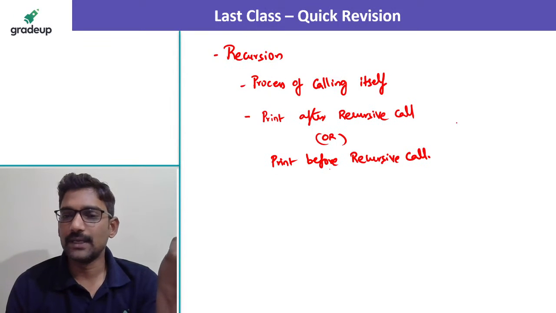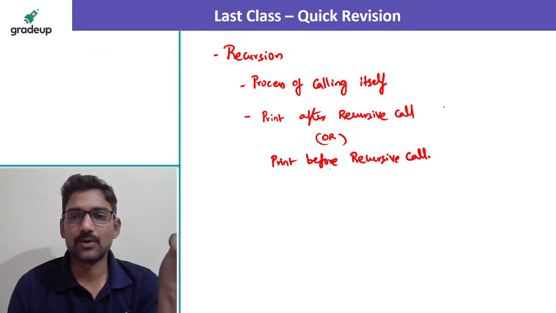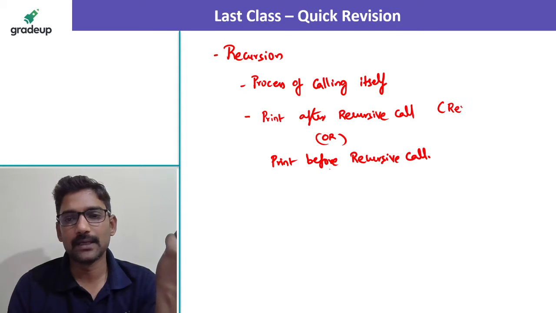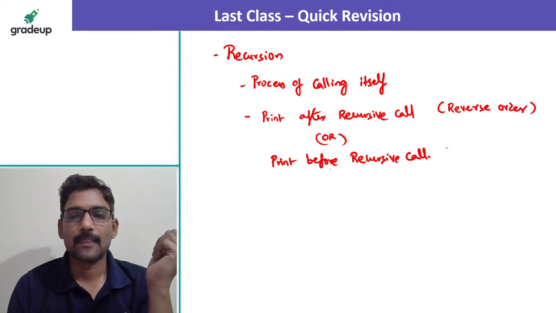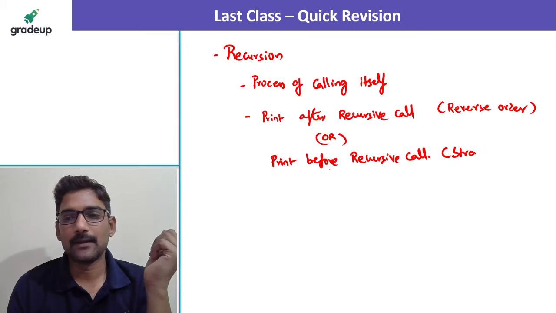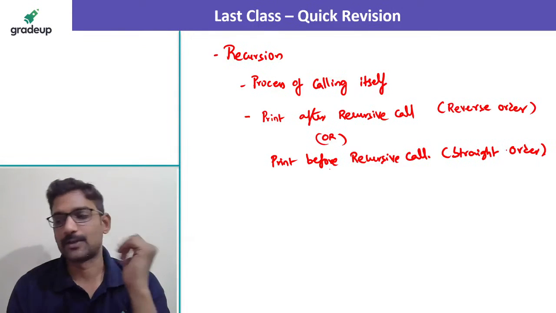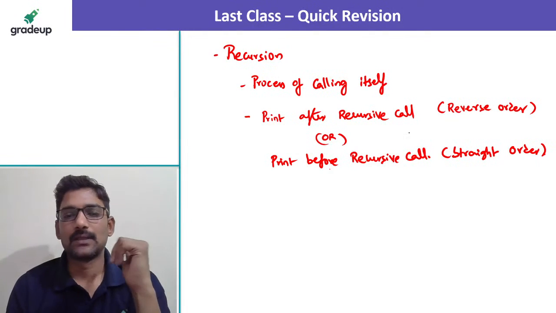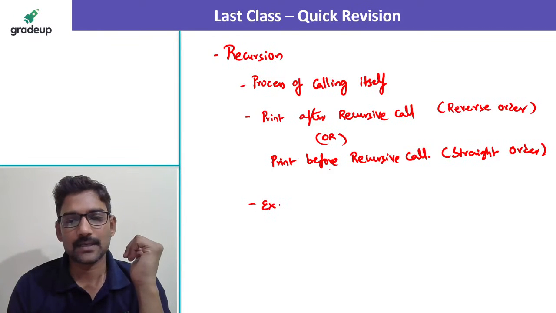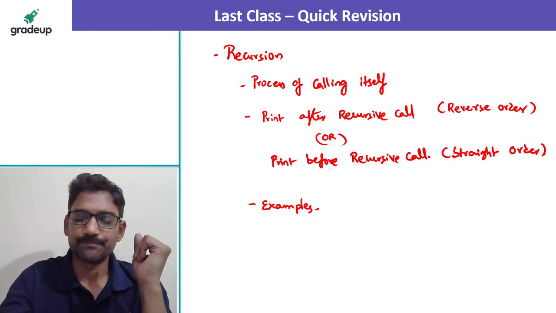If you print after the recursive call, you will get the output in reverse order, and if you print before the recursive call, you will get the output in straight order. We have seen that in the last class with examples, right?